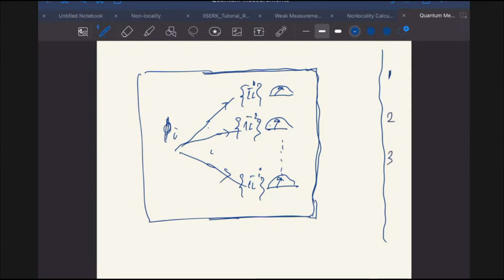Let's say this is a many-outcome experiment. Instead of two outcomes, which we were discussing just now for a two-level system, let us consider some k number of outcomes. It's a k-level system maybe.